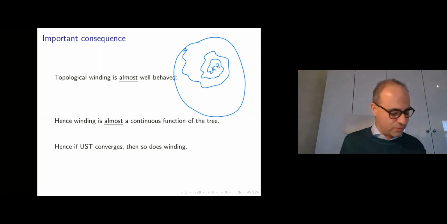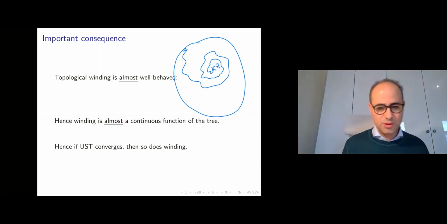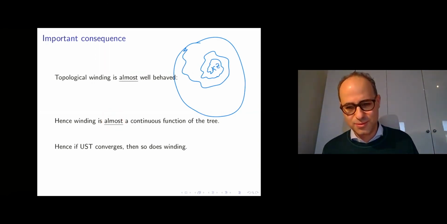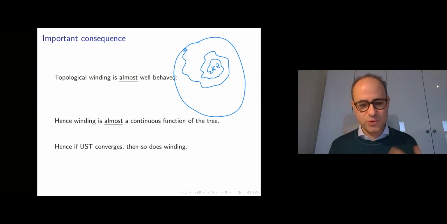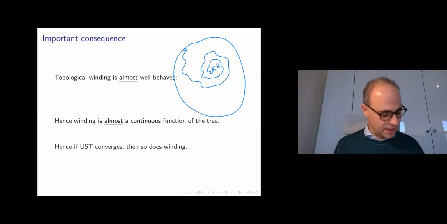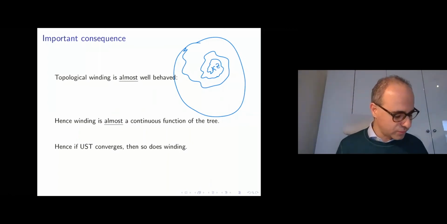Of course, all of the work is in the almost, but that's the philosophy of the approach that we're taking: if you've got uniform spanning tree converging, then so does the winding. So that's the basic idea in our approach, if you like.